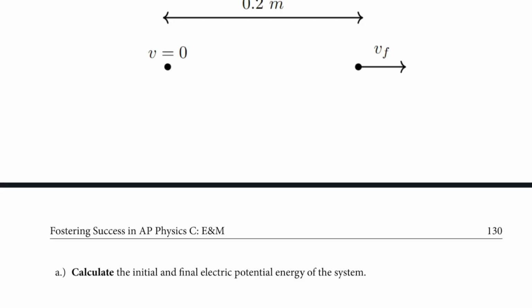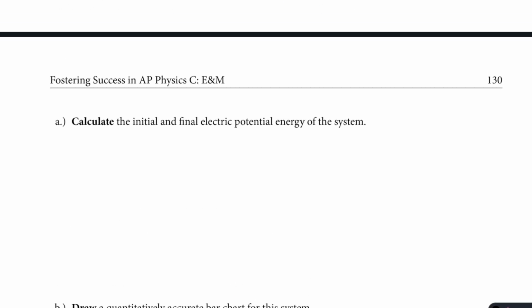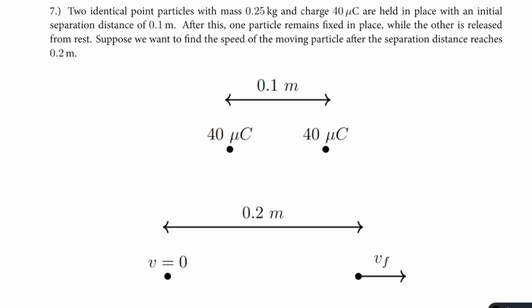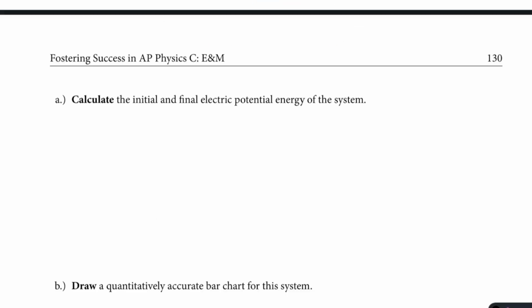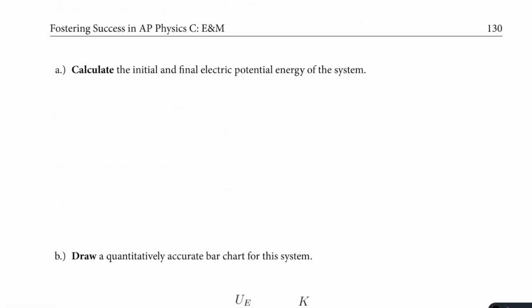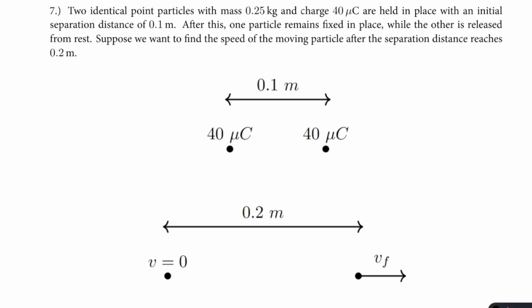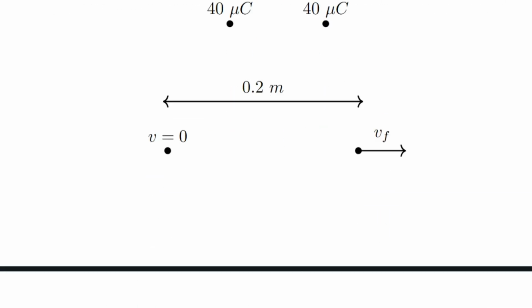So first thing we want to do is calculate the initial and final electric potential energy of the system, because we know everything we need to calculate the potential energy at each time. For our initial potential energy, it's just going to be kq squared over r with their initial separation. The initial separation is 0.1 meters.